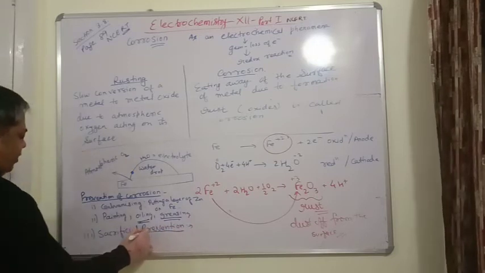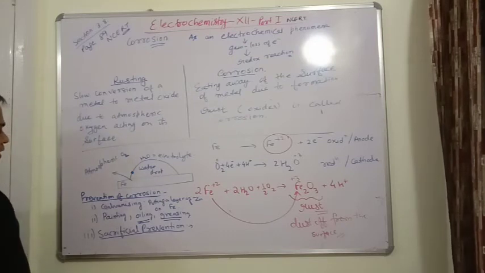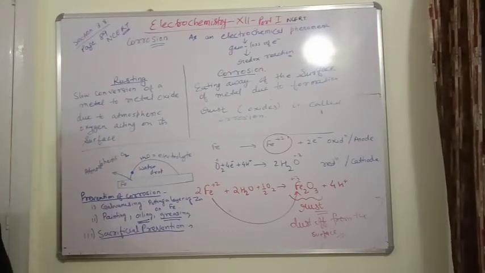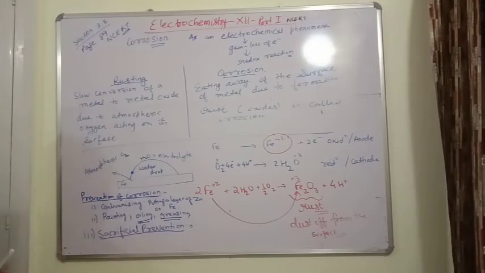If we want a screw or a nut not to get rusted, then we can connect or keep that particular piece of iron in touch with magnesium. Magnesium being more reactive will form magnesium oxide and will not let iron form iron oxide.